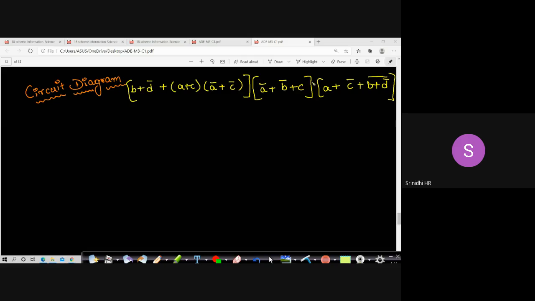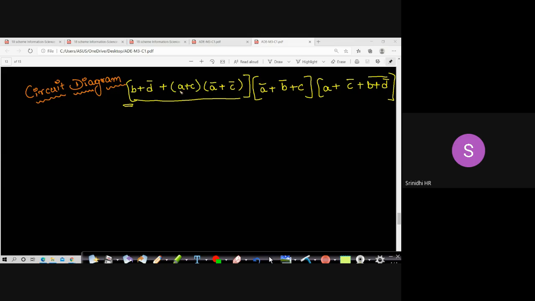This is the obtained answer that we have got from the previous example. After writing this, the circuit will become very easy, so you can easily write the circuit. Let's take this up.